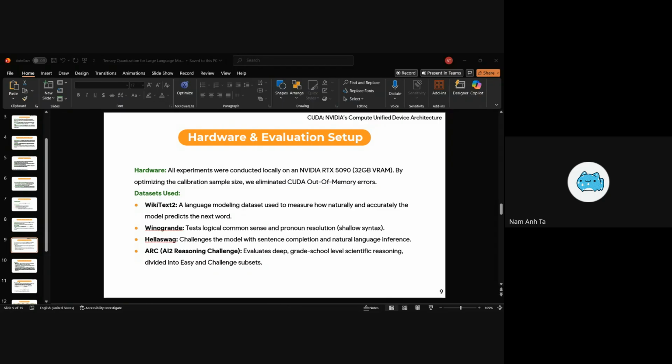These are science questions like this, and this is also a multiple choice question. You will have 4 choices, and the model will have to choose between those, and then you will calculate the accuracy of that. This is how you measure the accuracy.